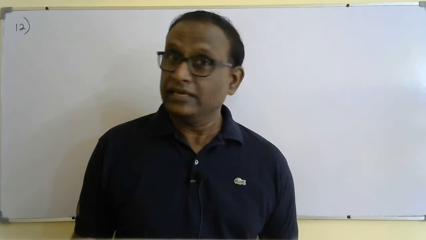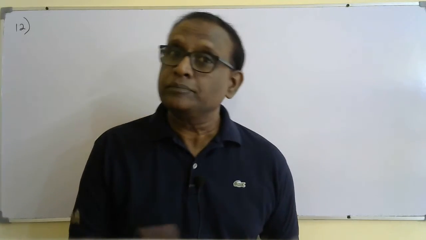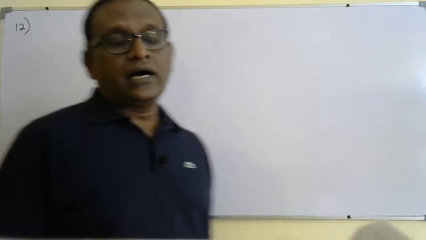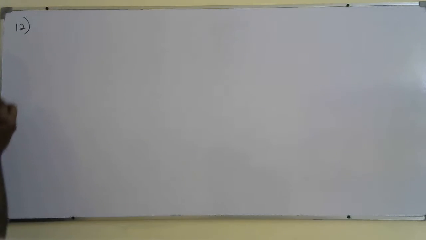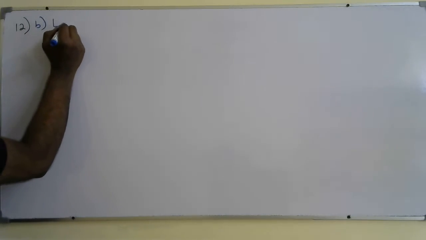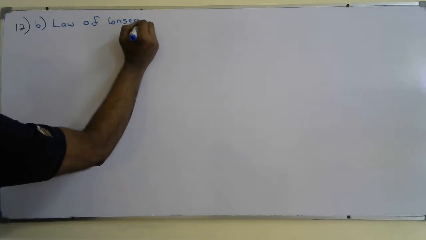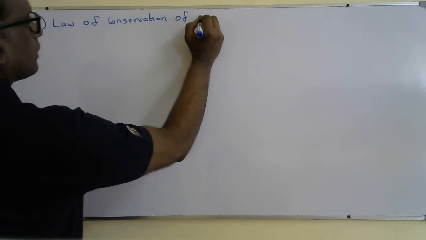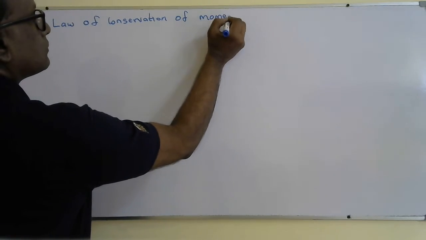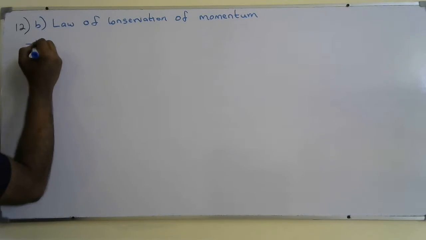I need to find the V. I might get V negative because the aluminium sphere, which has lower mass, could bounce back. We'll see what we are getting. So I'm going to use the law of conservation of momentum towards right. So B part. Law of conservation of momentum, I'm using it towards right.